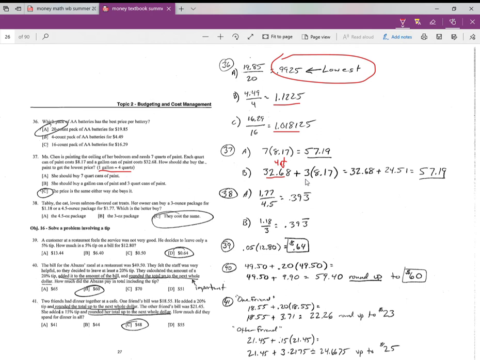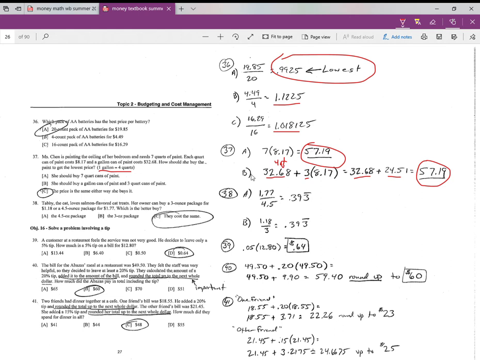So that means you need 3 more quarts to get your 7 quarts, and those each cost $8.17 a piece. So the gallon is $32.68. The 3 quarts, 3 times $8.17 is $24.51. You add them up, you get $57.19, which is the same as here. So the answer is C. If they weren't the same, you just go with which one came out to be less.